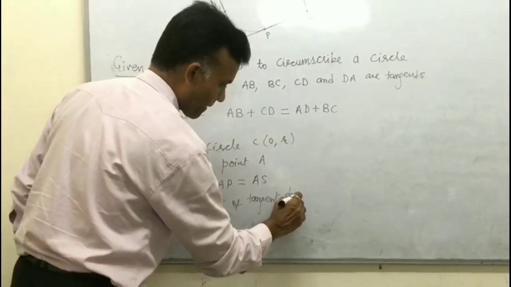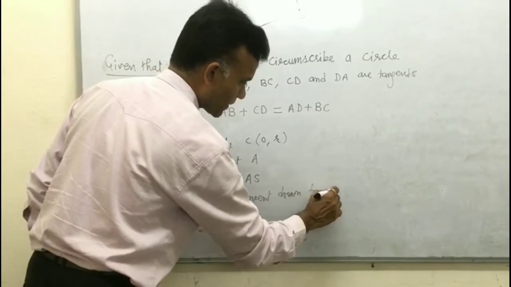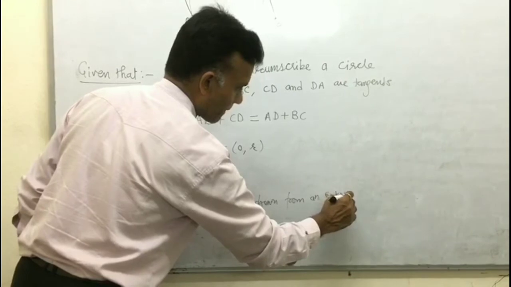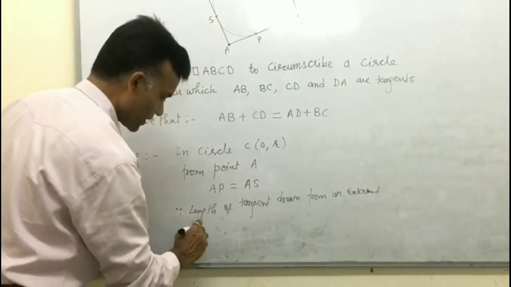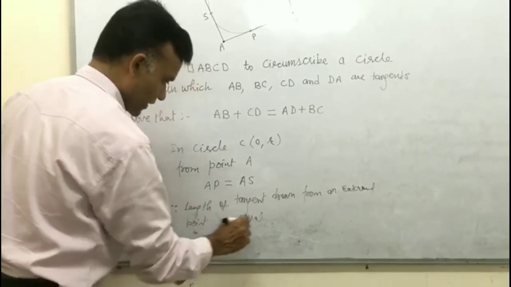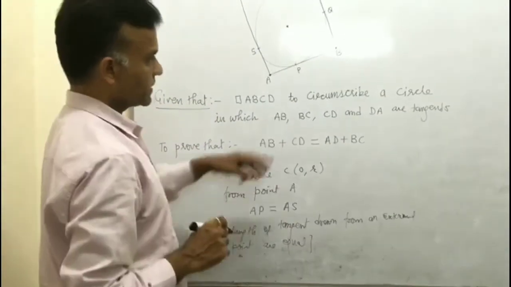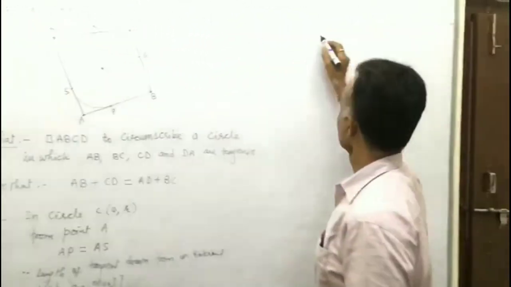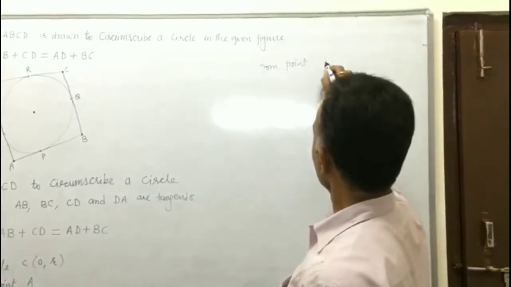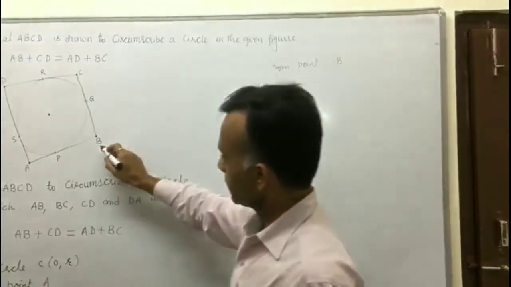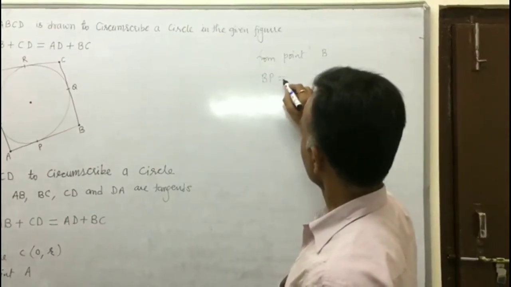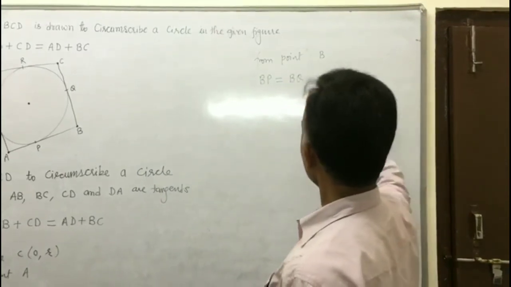The lengths of tangents drawn from an external point to a circle are equal. Using the same concept, from point A we get AP equal to AS, equation 1. Then from point B we use BP equal to BQ, equation 2.